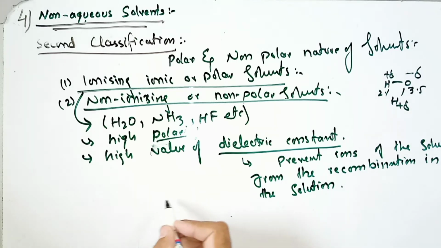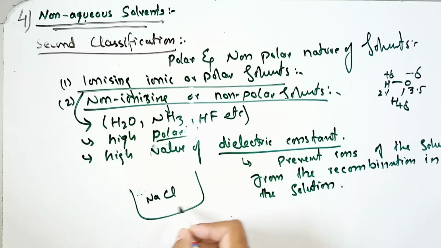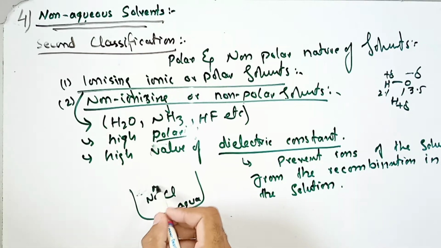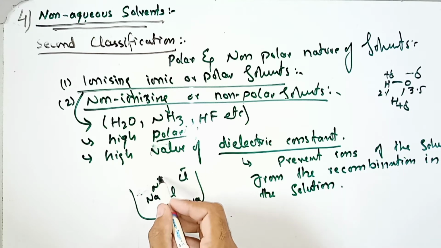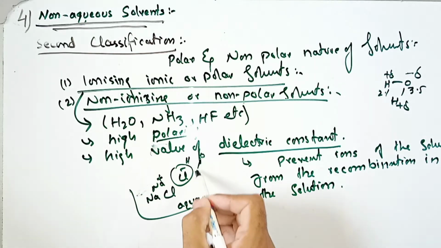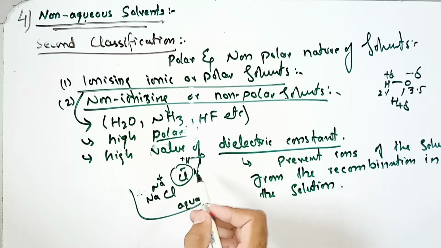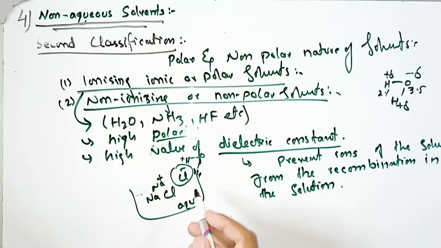For example, when you add sodium chloride, NaCl, to an aqueous solution, in water, it will dissociate into Na+ and Cl-. This Cl- will be surrounded by water, with the positive pole of the water approaching the chlorine center. So they will ionize and stabilize this chloride anion.